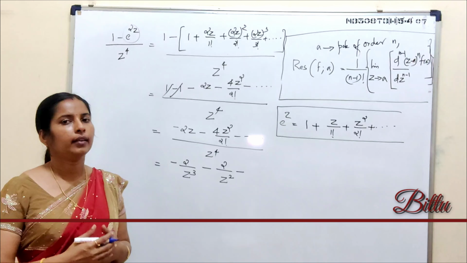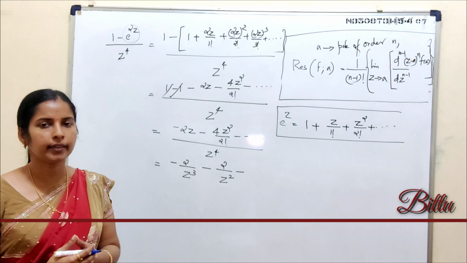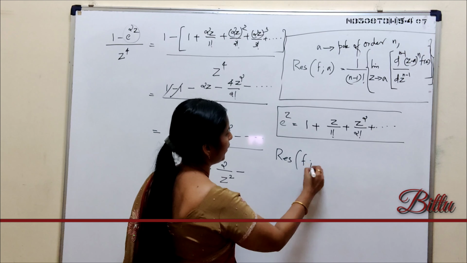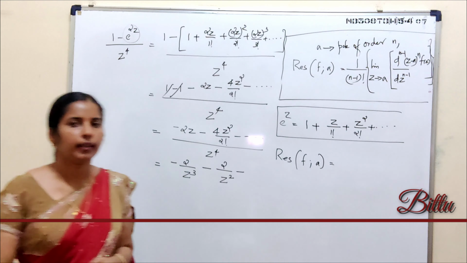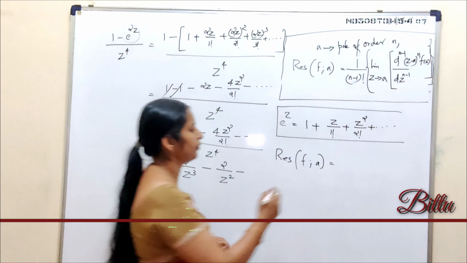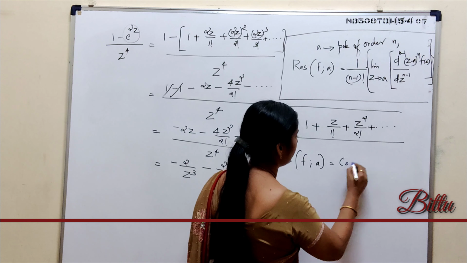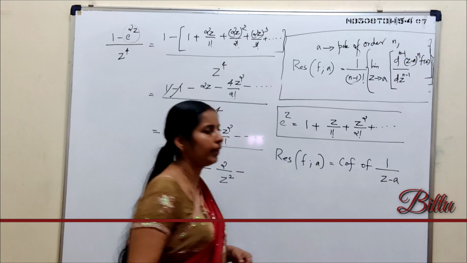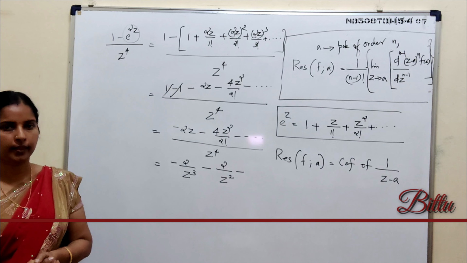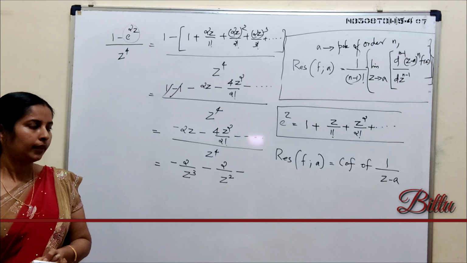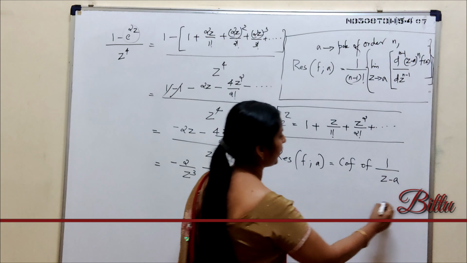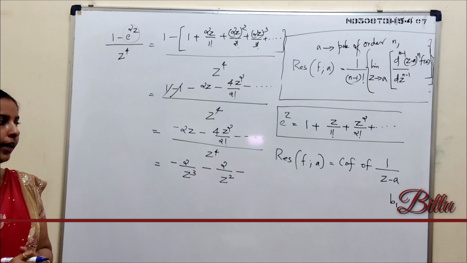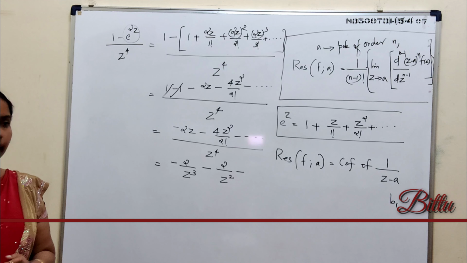By using Laurent series expansion, we can find the residue at a singular point a by considering the coefficient of 1 by z minus a in the Laurent series expansion of f(z). Really, the coefficient of 1 by z minus a is our b1. So here you have to write the coefficient of 1 by z.